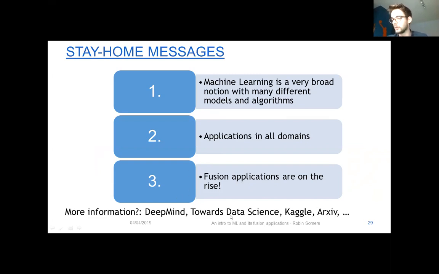Google DeepMind, Towards Data Science, Kaggle, arXiv, which is where most of the machine learning papers are published, because the world of machine learning is changing so quickly that there's no time to publish them in real journals, because it just takes too long. So they publish them in this open source platform, very useful if you want to search for some information.